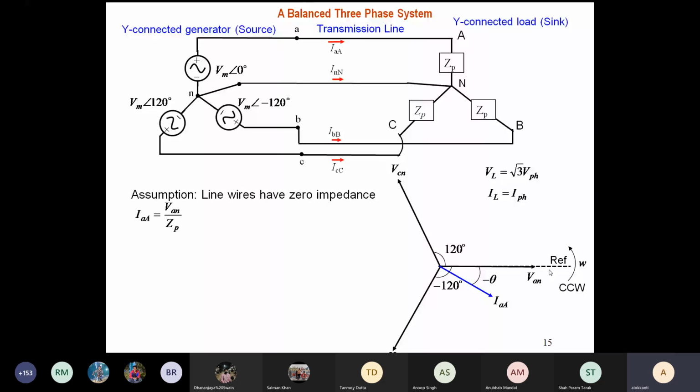Similarly, what happens to IBB? IBB is equal to VBN by ZP.